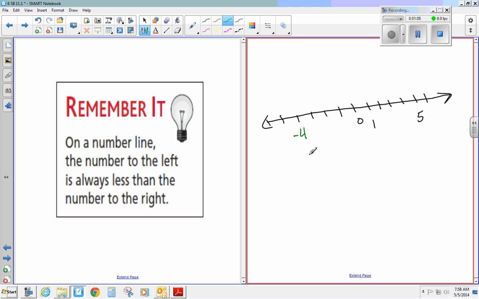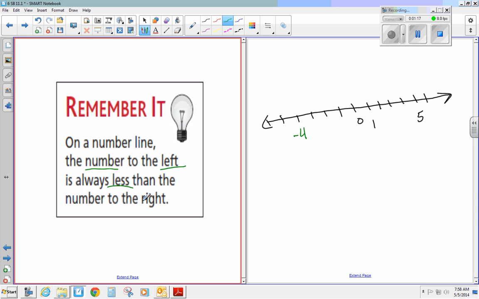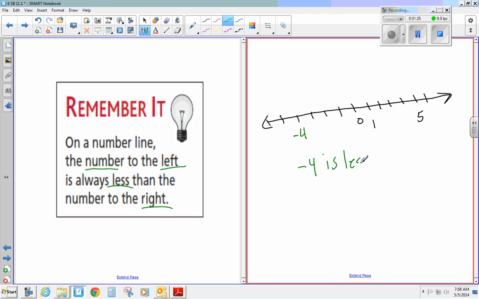Which one is less? Sometimes people are a little confused here. But if you remember that the number to the left is less than the number to the right, then you'll be fine. -4 is less than 1 because it's further to the left.